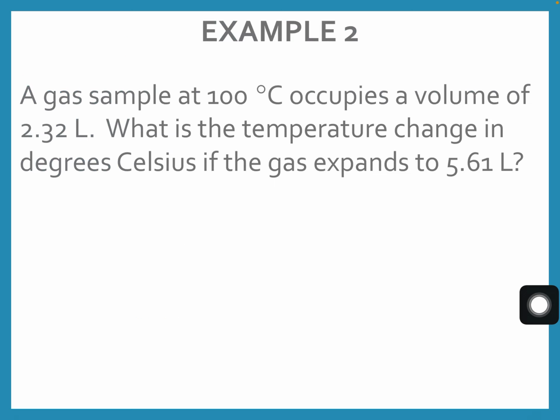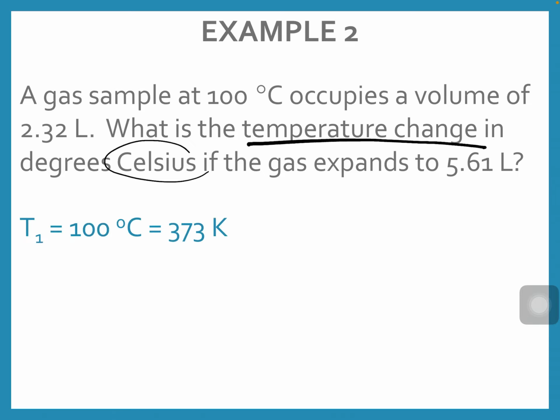Another example. I have a gas at 100 degrees Celsius that occupies a volume of 2.32 liters. What's the temperature change in degrees Celsius if the gas expands to 5.61 liters? I know my initial temperature is 100 degrees plus 273, which gives me 373 Kelvin.